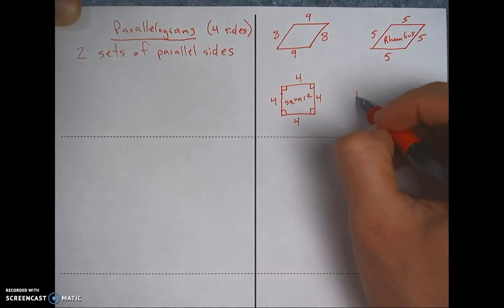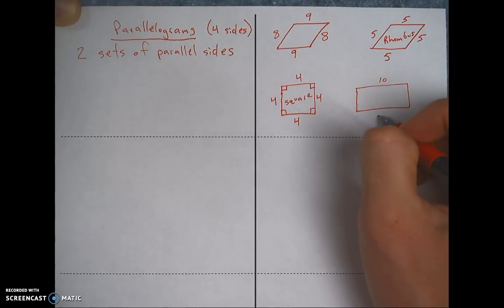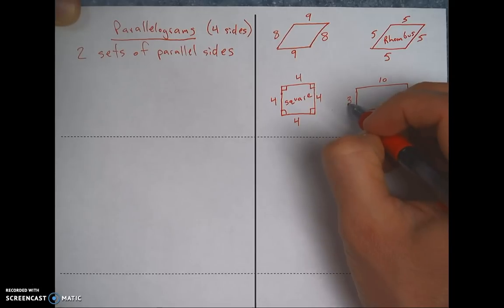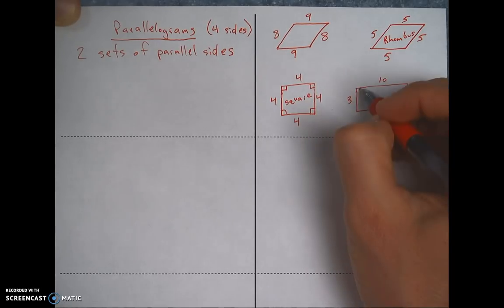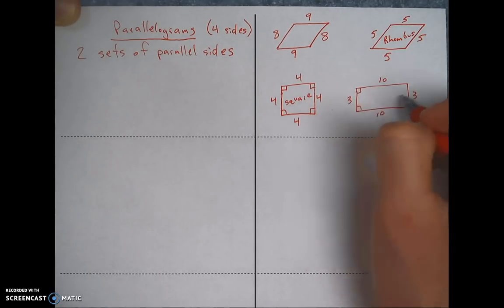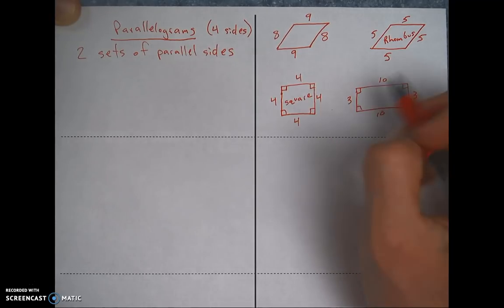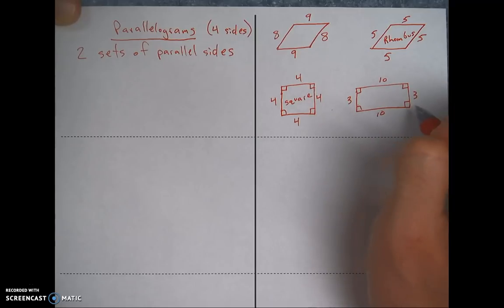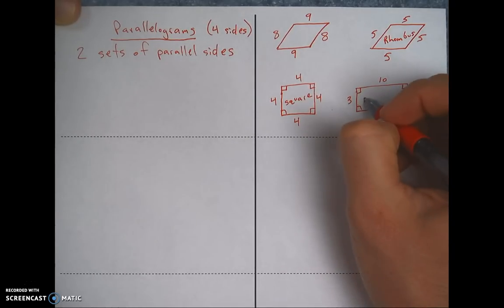And you could just have your basic rectangle. Opposite sides are always equal in a rectangle. We're just making up numbers here. You also have all 90-degree angles. So any 4-sided shape with all 90-degree angles, that's a rectangle. So a square technically is a rectangle.